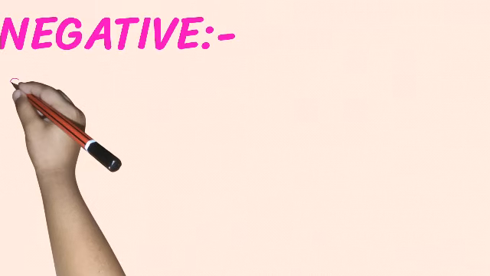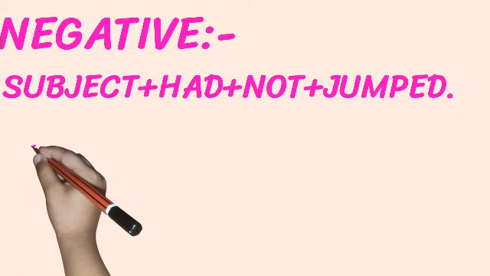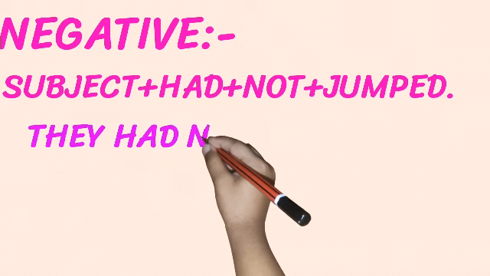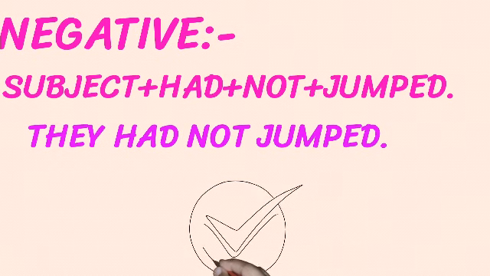Now next we will look at the negative sentences. In these sentences not will be added. That is subject plus had plus not plus V3 plus object. Sorry, jumped has been used, but in that case an object will be added. They had not jumped.